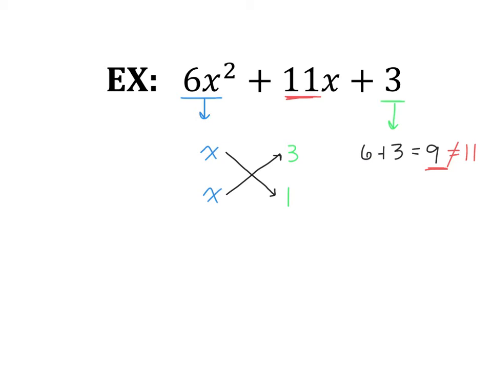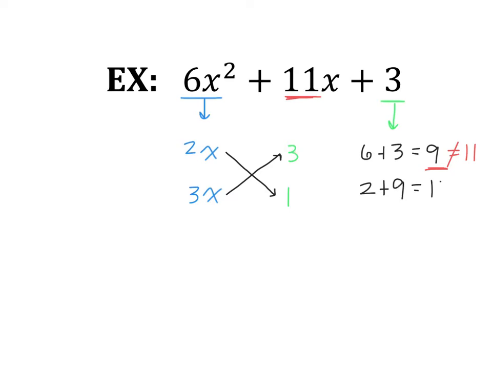Okay, so I need different factors of 6. So what if we try 2 and 3 here? 2x, 3x. If we cross multiply again, 2 times 1 is just 2, plus 3 times 3 is 9.